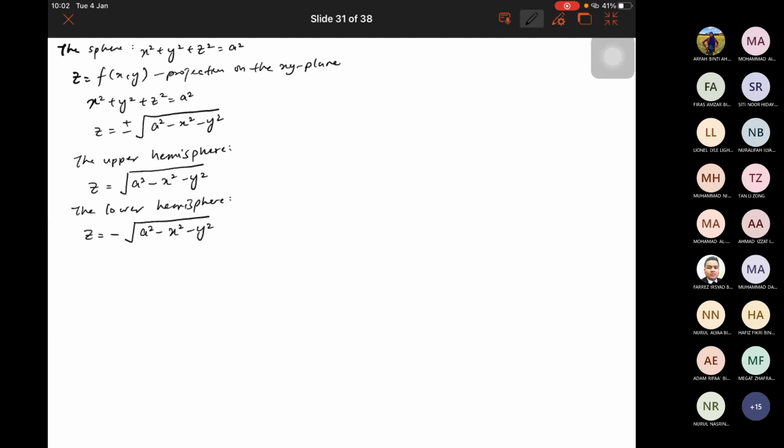The lower hemisphere will become z equal to negative square root of a squared minus x squared minus y squared. And you were given g, a function of x, y, z. We want to get its unit normal vector, z minus z of xy. So for the upper hemisphere, this is your S1 and this is your S2. For the upper hemisphere, that is S1.